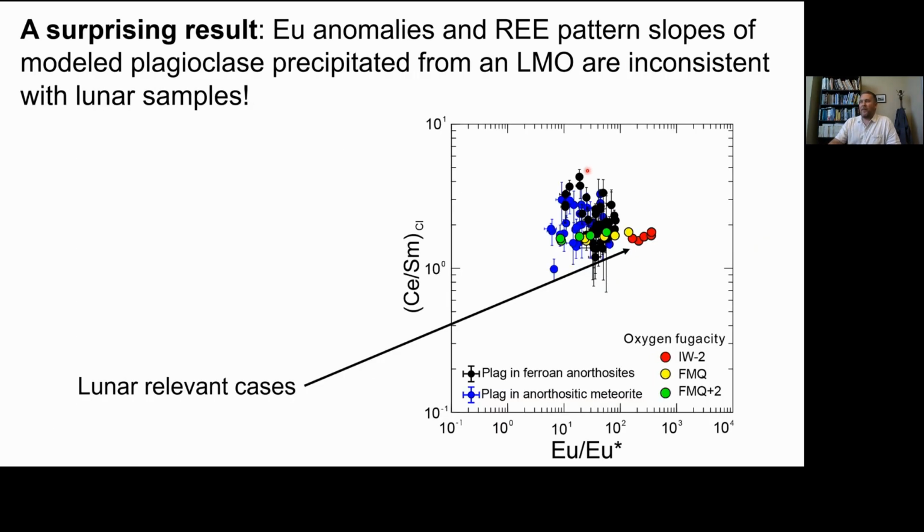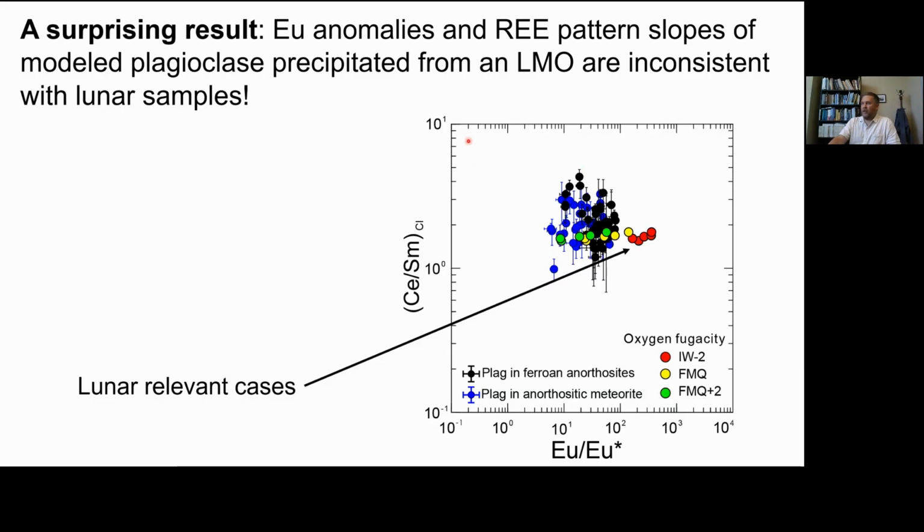Okay, so finally, getting on to comparing these model predictions to the natural sample variations, we got a very surprising result, and that is that the europium anomalies and rare earth element pattern slopes of the modeled plagioclase that precipitated from the magma ocean are inconsistent with the lunar samples.